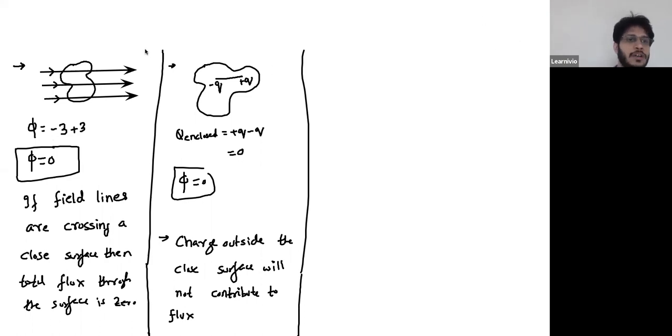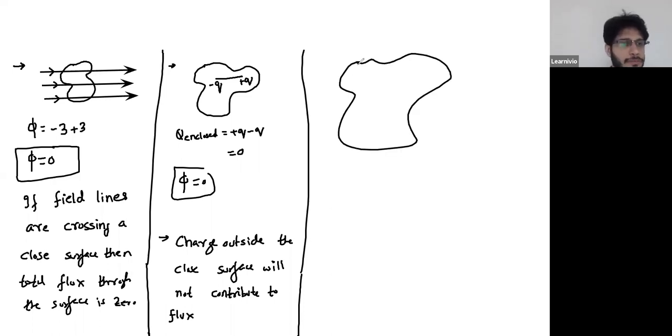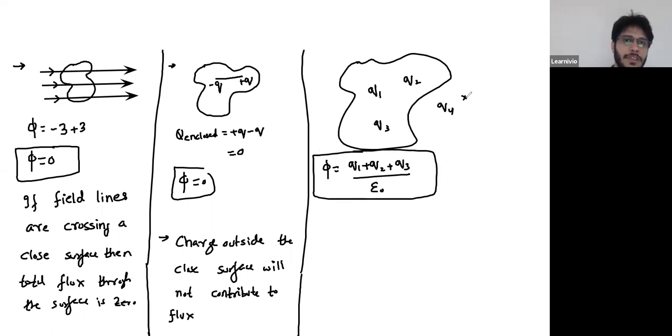Say you have a closed surface with charges Q1, Q2, Q3, and Q4, and Q4 is absolutely outside the closed surface. Then Q4 will not contribute to flux, and the flux will simply be (Q1 + Q2 + Q3)/epsilon naught. That is it. Charge outside the closed surface will not contribute. Please note it down.